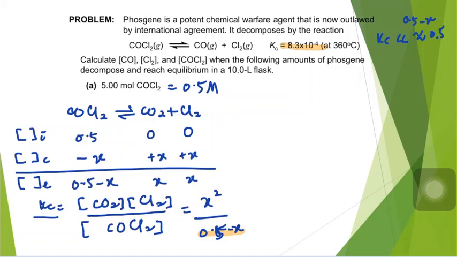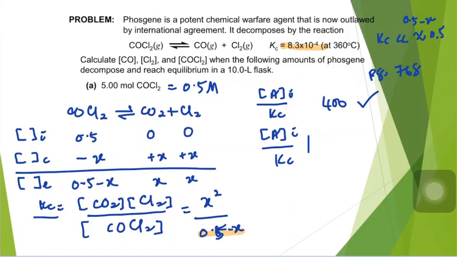The way to decide whether we can assume that 0.5 minus x is almost equal to 0.5 or not, if you look at your textbook, it is on page 768. If the initial concentration over Kc is greater than 400, then we can use the assumption and simplify our equation.